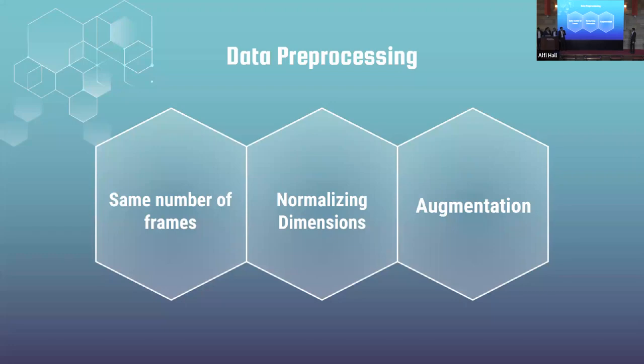And the final step in our pre-processing was augmentation. As my colleague Chris said, we faced a huge problem of lack of data, so we had to resort to increasing the amount of data we had. At first, we used augmentation techniques such as adding noise to the videos and adding brightness.